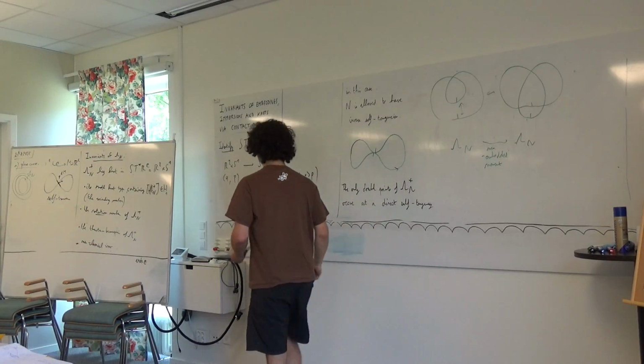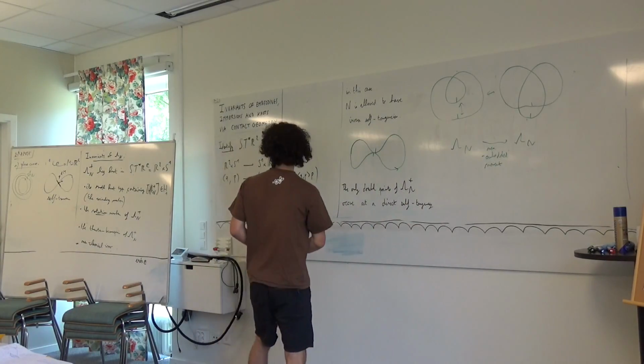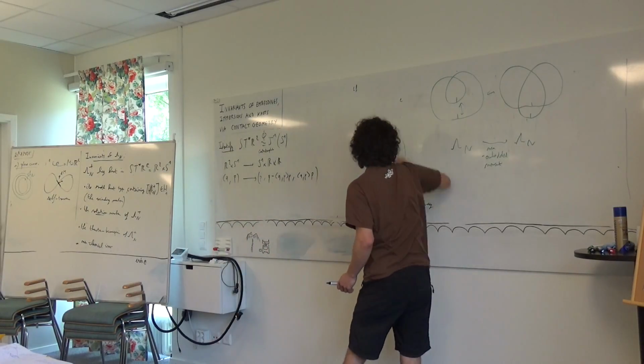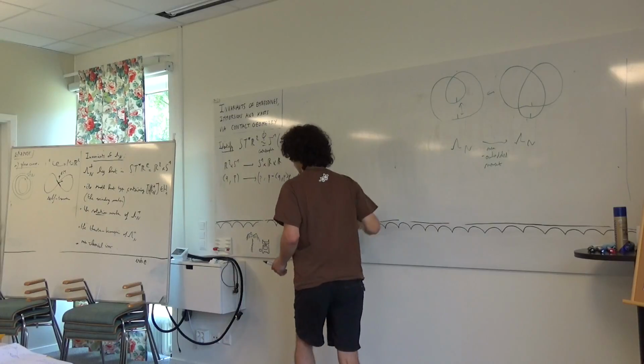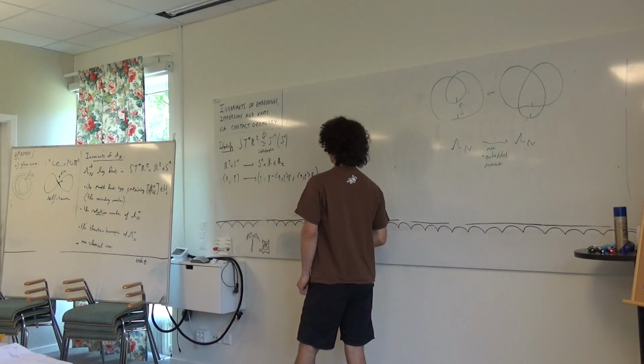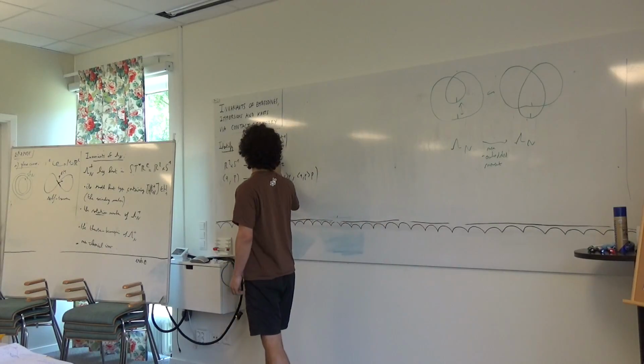Okay, I'll explain on the curve. So this is the z direction, where there will be the front, and this is the cotangent direction of S1.